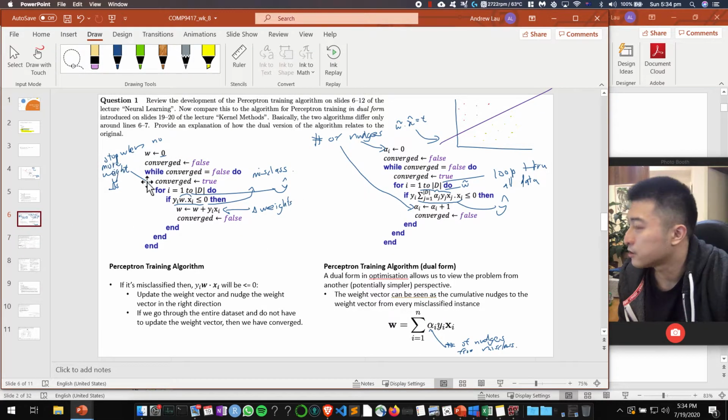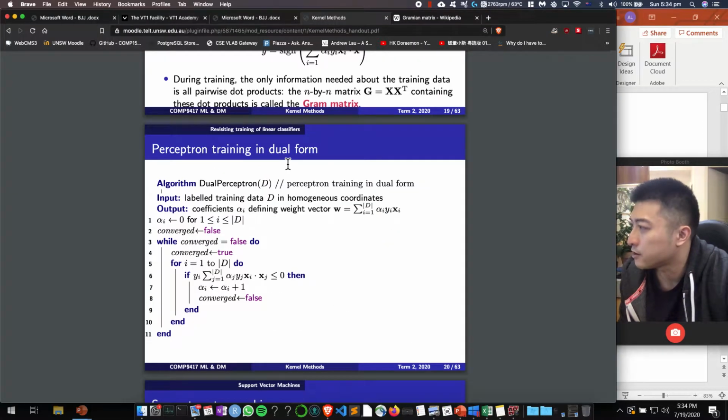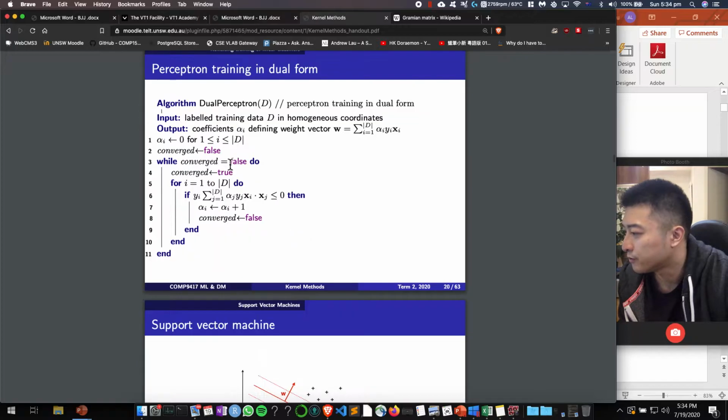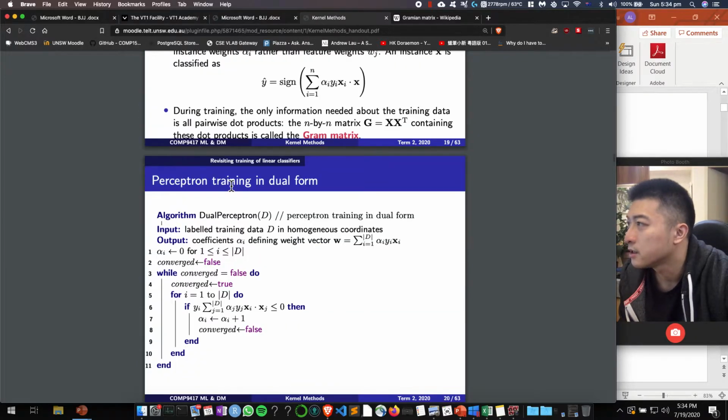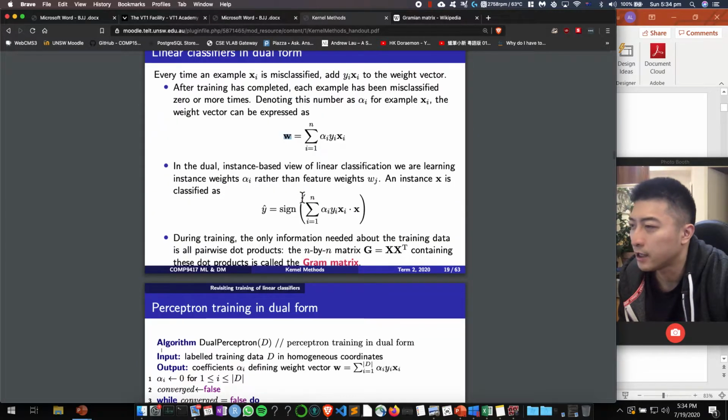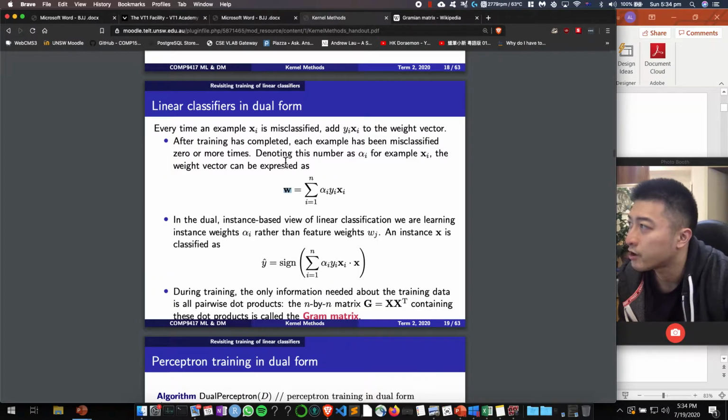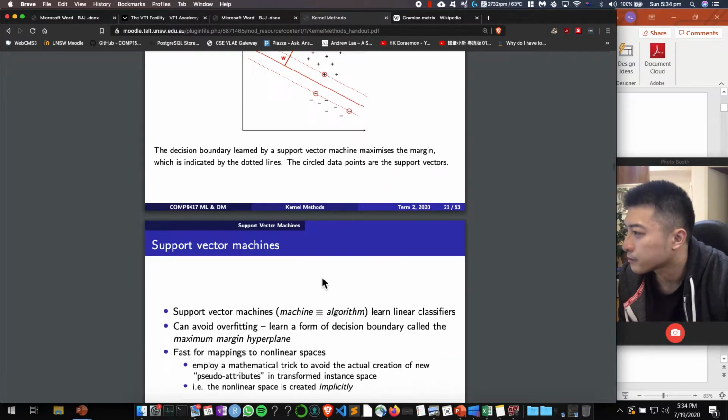Right. So hopefully that gives us a bit of a flavor as to the perceptron training algorithm in its dual form. Okay. So this will hopefully give us a bit more of an understanding when we try to apply this dual form concept to the support vector machine.